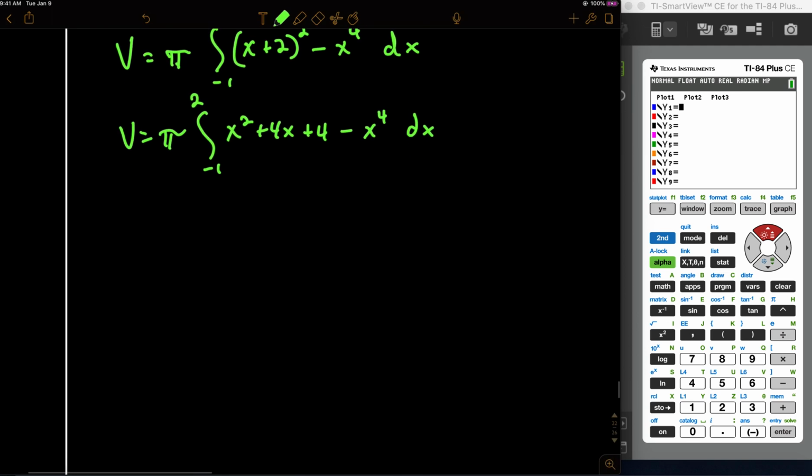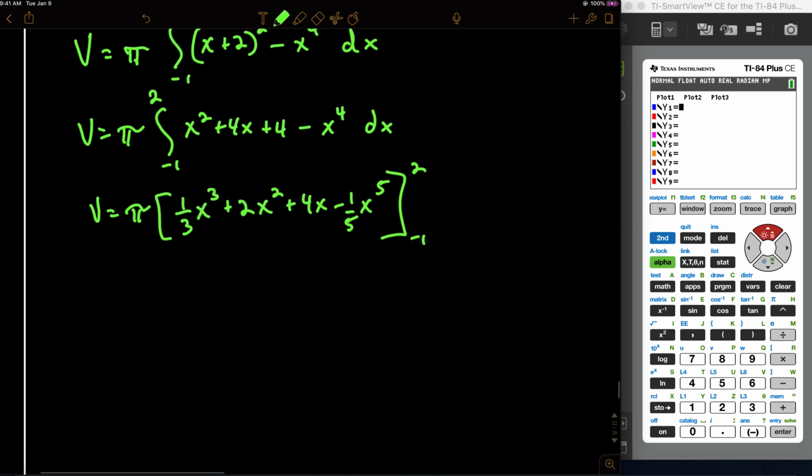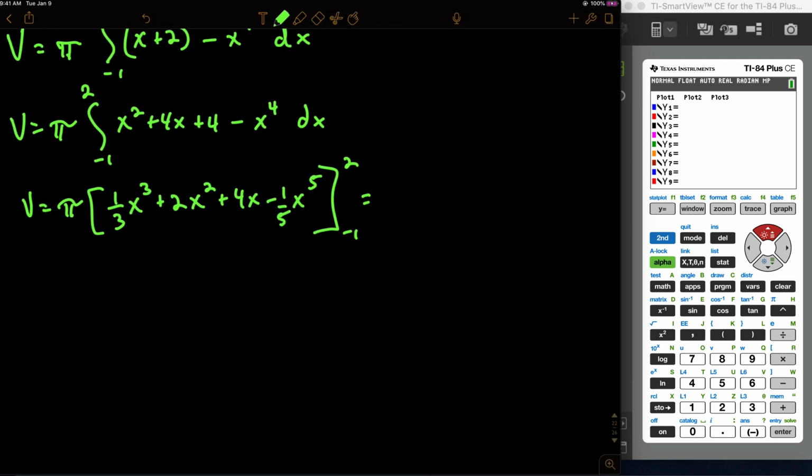So now I can do the power rule. Pi times x to the third over 3, plus x squared, that's a 2, plus 4x, and that's x to the 5th over 5, minus it. And we're going to go from -1 to 2. So we're going to do pi times capital F of 2 minus capital F of -1.